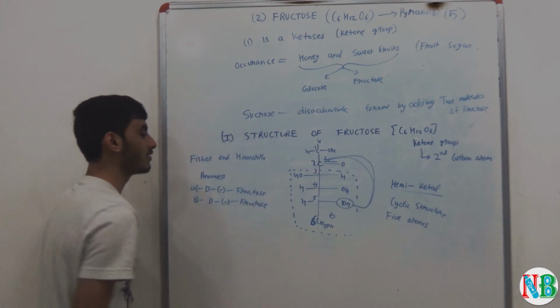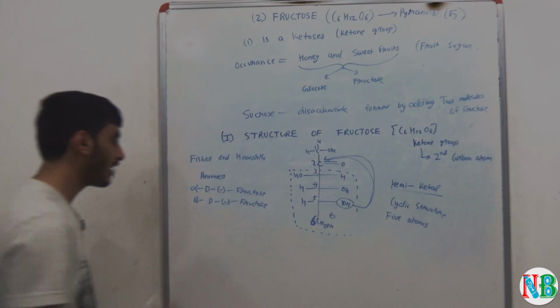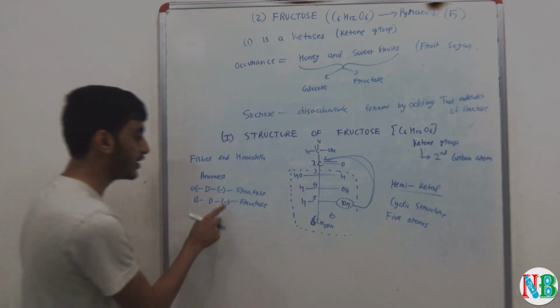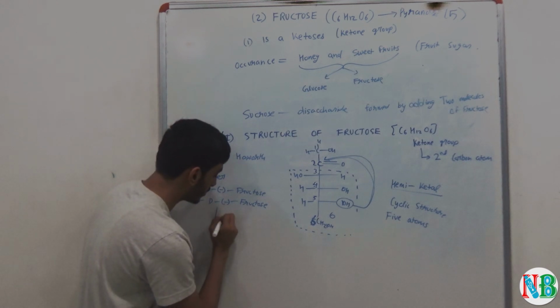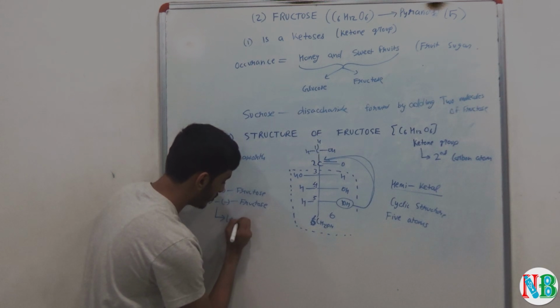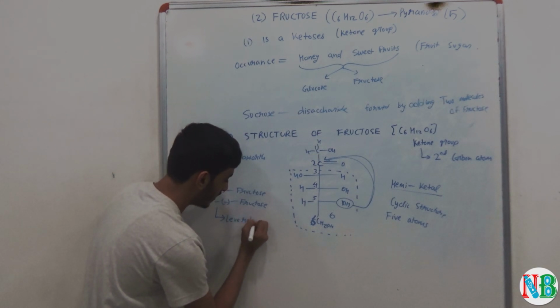In the case of glucose you have a plus sign, but in the case of fructose you have a minus sign, because fructose is levorotatory.